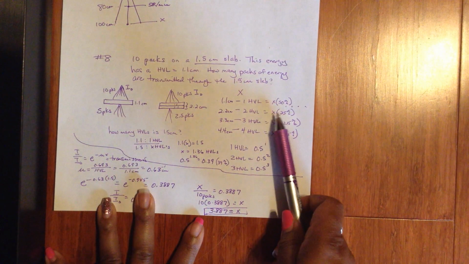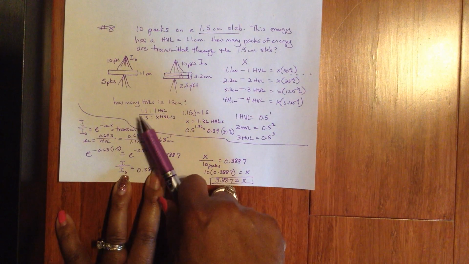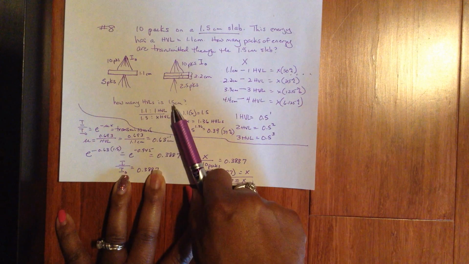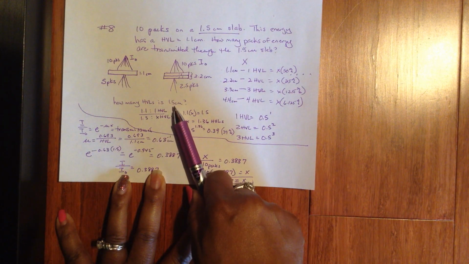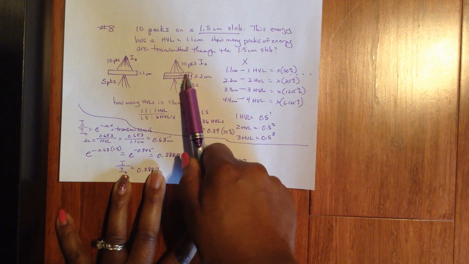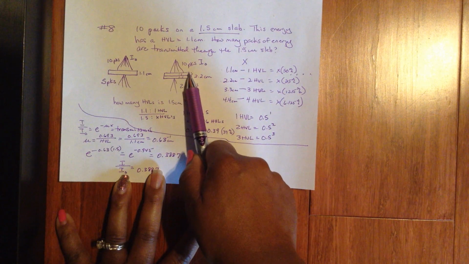But in order to calculate this, I can use a direct proportion because half value layers and the number of slab centimeters are directly related. The more material I have in slab value, the more half value layers. That's a direct proportion.